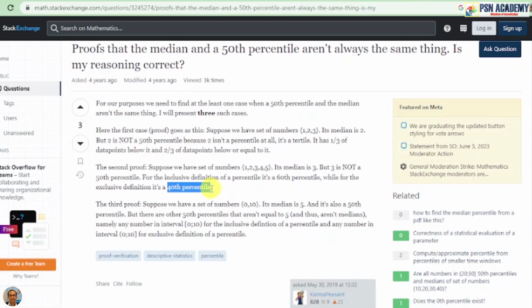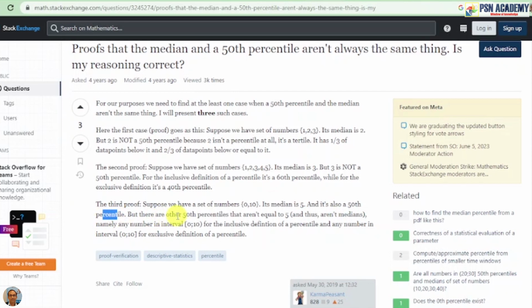That means he has a justification that you can see that 3 is a median, but 3 is not a 50th percentile, right? Now let us see what he has got for us in his third proof. He is taking some numbers from 0 to 10, and his median is 5, and also the 50th percentile.